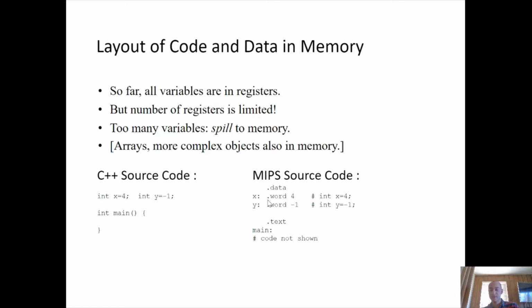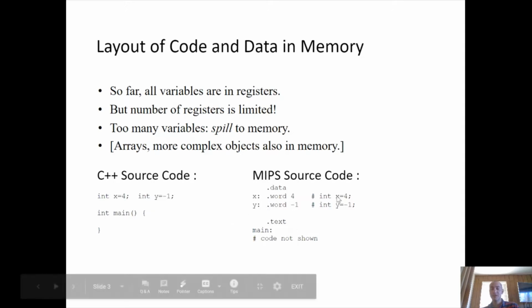So for example, you're putting here x and .word, that's the size of this variable that you want to define, and the number 4, which is the value. So as soon as you put this in your code, these two labels are going to be pointing to some memory location that's going to be reserved for your variable.